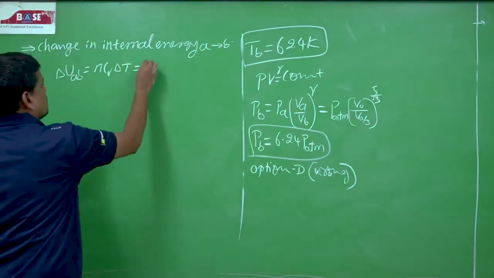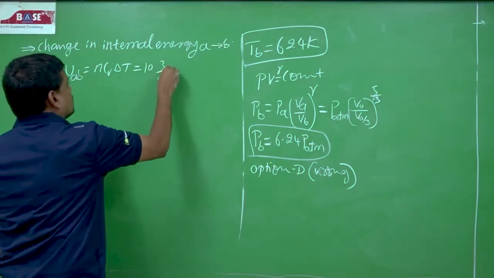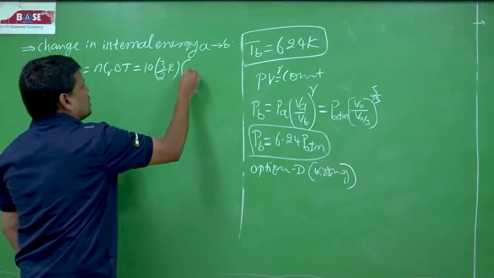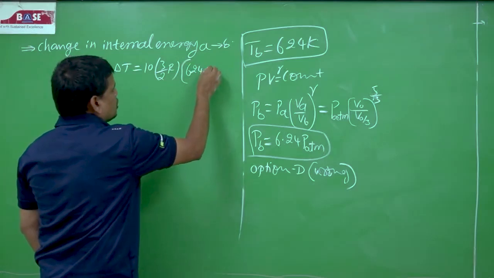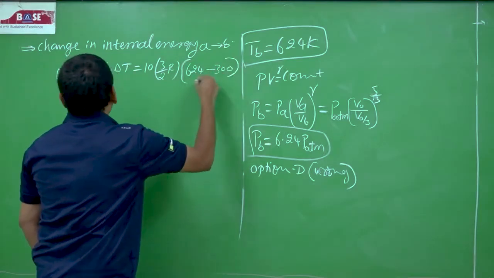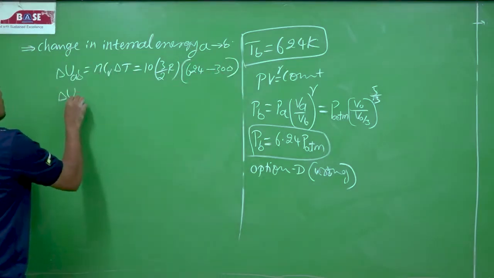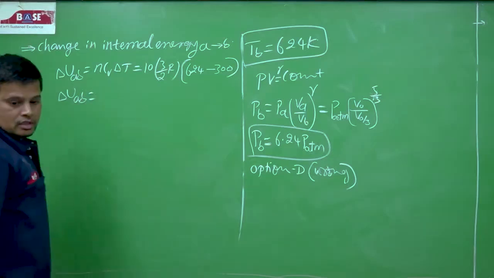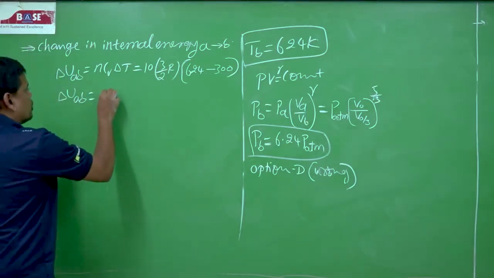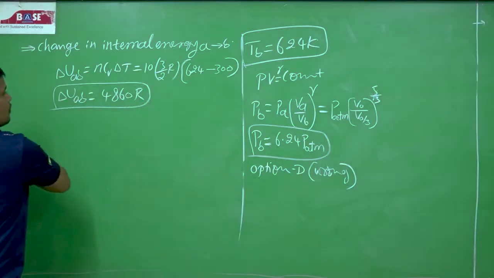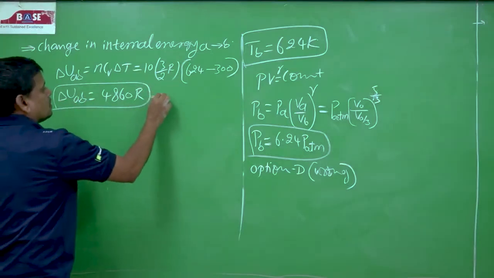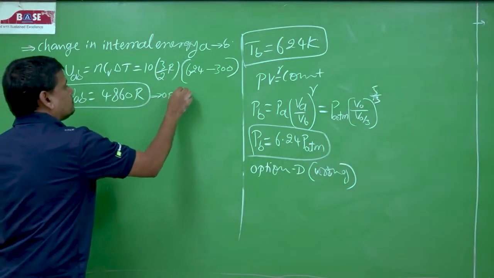There we can say 10 times 3 by 2 R times the change in temperature, T_B minus T_A, which is 624 minus 300, and that would give me the change in internal energy from A to B as 4860 R. So from this we can say option B is correct.